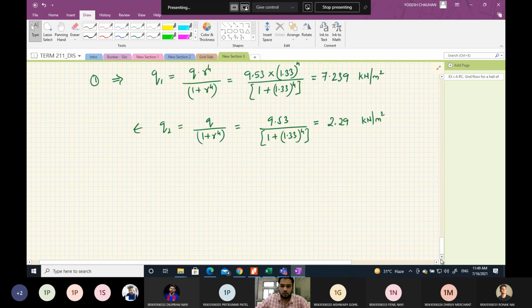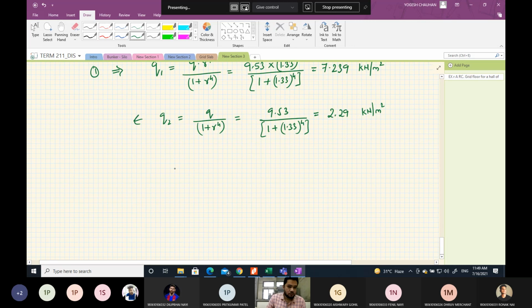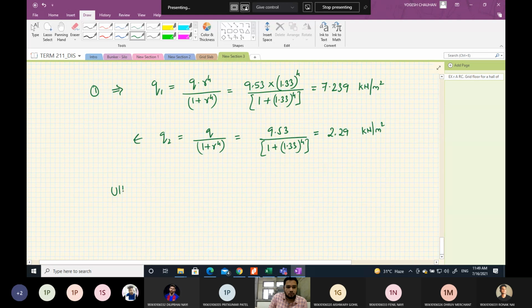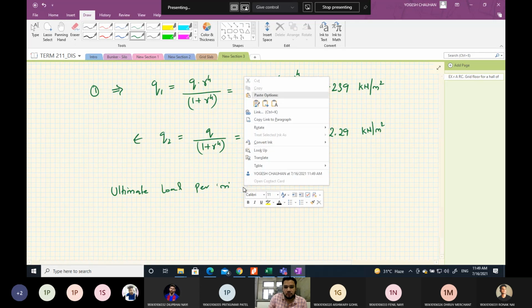So we can now find the UDL, the ultimate load per meter width, per meter length.